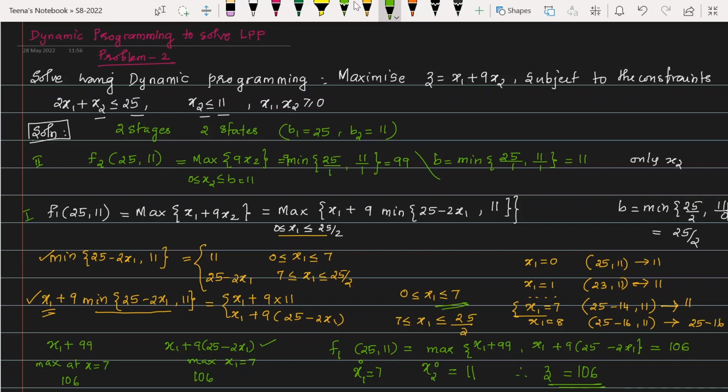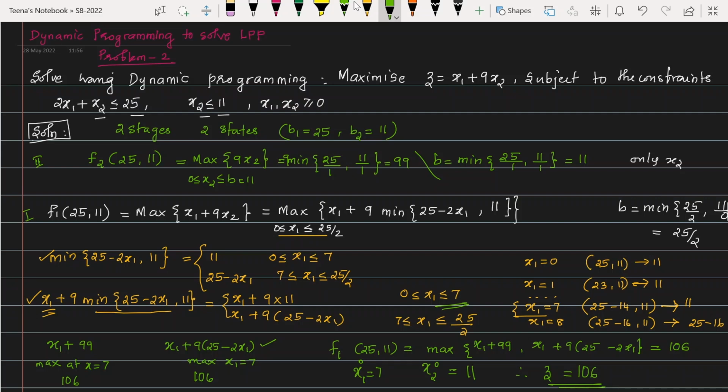In f2 we will consider just the variable x2 and find its optimum value, and then we proceed to find f1(25, 11), where we concentrate on x1 and find the maximum of x1 plus 9x2. The whole objective function is considered. x2, its optimum value, is obtained from the previous stage as the minimum of 25 and 11.